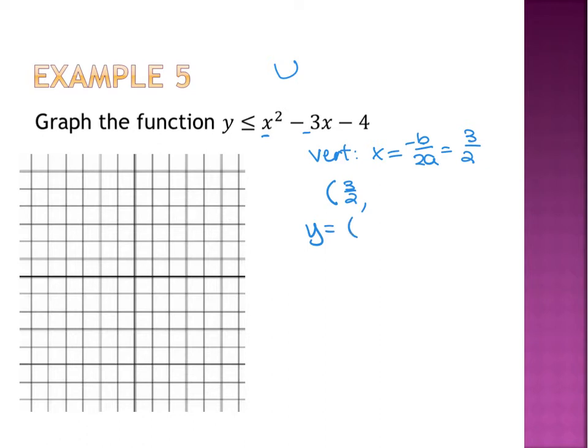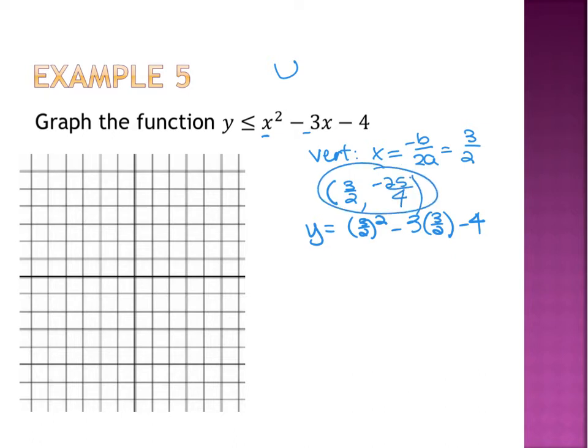So I'm going to end up with 3/2 squared minus 3 times 3/2 minus 4. And if I punch all this into my calculator, I end up with a negative 25/4. So I'll put that in here.